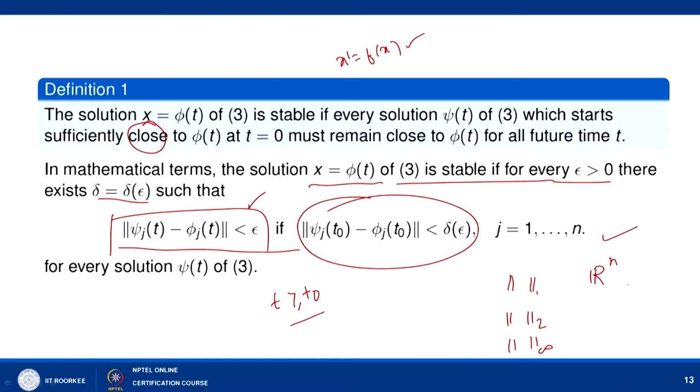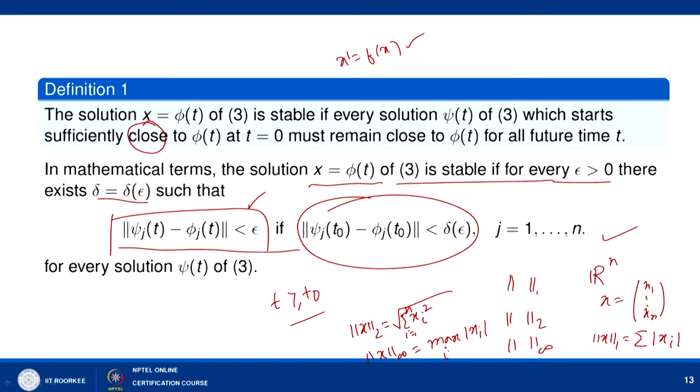Let me write it here: if x equals x1 to xn, then the 1 norm of x is the summation of mod of xi, the 2 norm of x is the square root of the summation of xi square, and the infinity norm of x is the maximum of mod of xi.